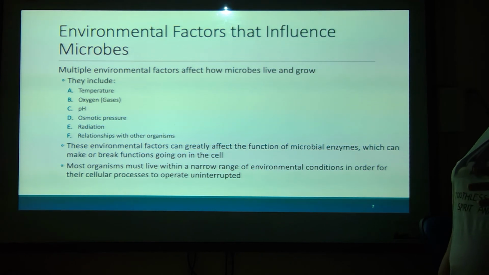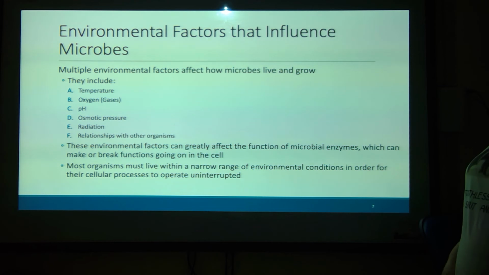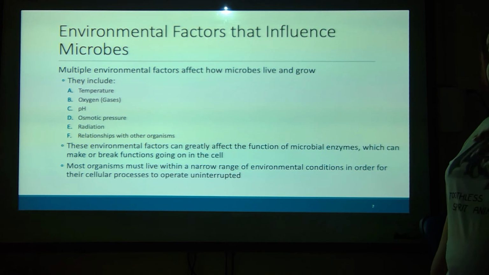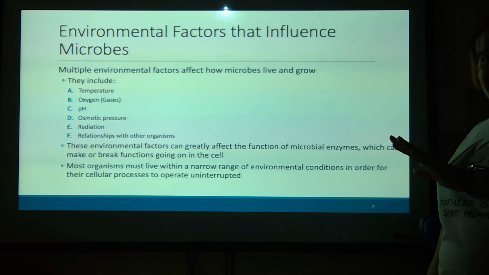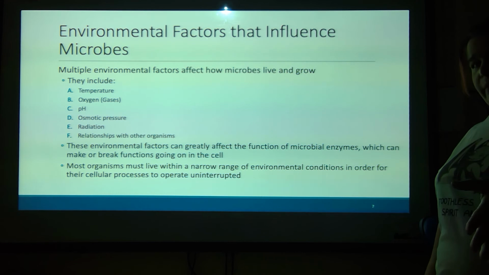Relationships with other organisms will also influence how those microbes survive. These environmental factors can greatly affect the function of microbial enzymes, which can make or break the functions going on in the cell. Depending on how, let's say, temperature sensitive a microbe is, you may only find it in a very specific location because that is the only location that actually has that temperature available to them.